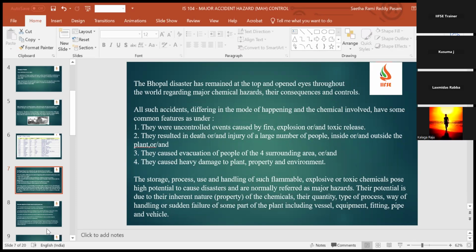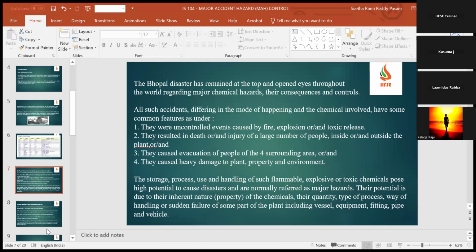Even though there are different cases, like if you see in the last table, all are not toxic releases, all are not explosions, all are not fires. There are different ways the accidents happen, but there are a few commonalities in those accidents.